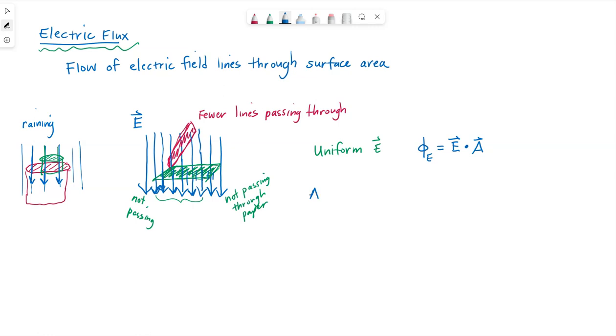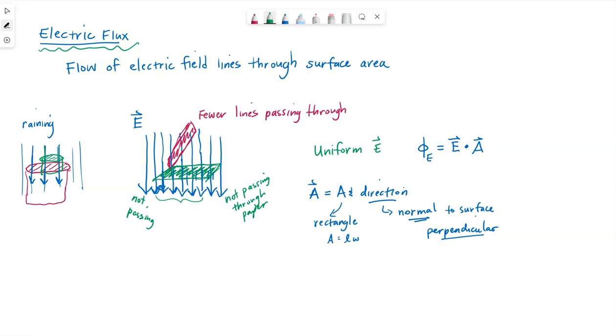Now, the area vector has a magnitude and a direction. The magnitude is whatever we would use, for example, for a rectangle, we would take the length times width to find the magnitude of the area. The direction of the area vector is always normal to the surface. If you remember, normal means perpendicular to the surface.